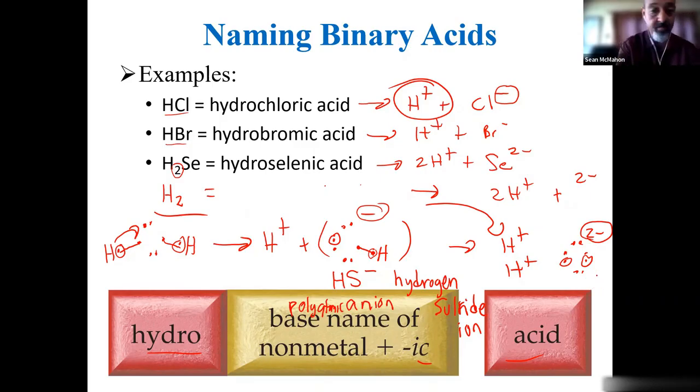Oxygen. Oxygen has 6 valence electrons, 1, 2, 3, 4, 5, 6. Each hydrogen has 1. They're covalently bound, right? That means they share electrons.